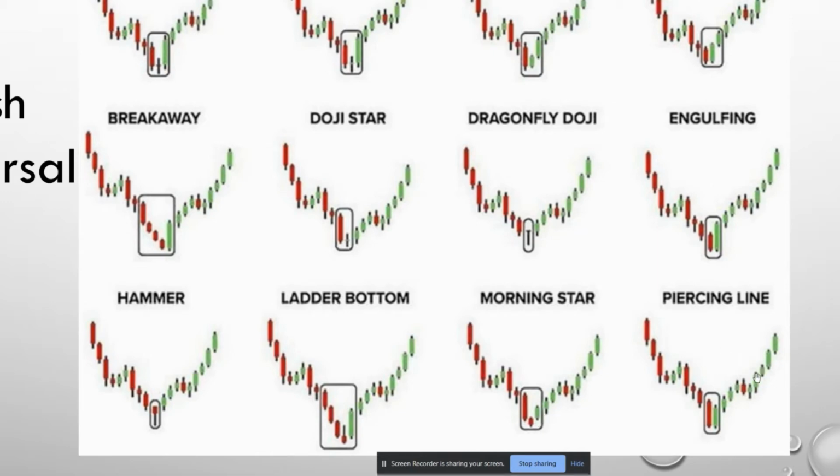Then we have the piercing line. After a bearish candle, the next candle opens bullish and consumes almost up to 90% of the previous bearish candle. It is seen that the market is about to do a turnaround.